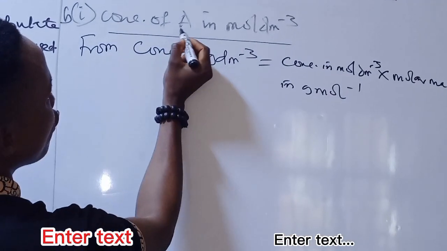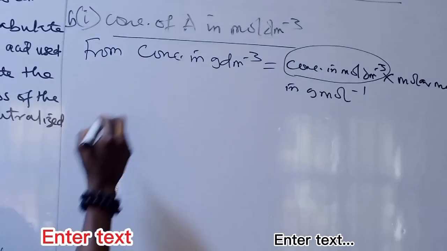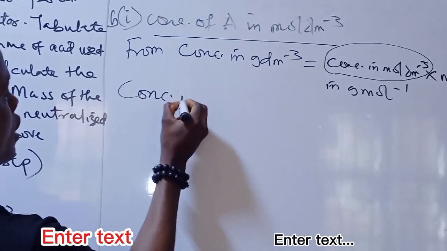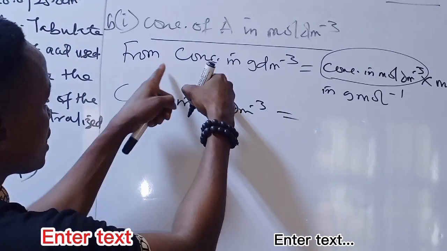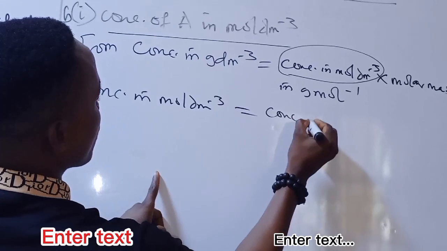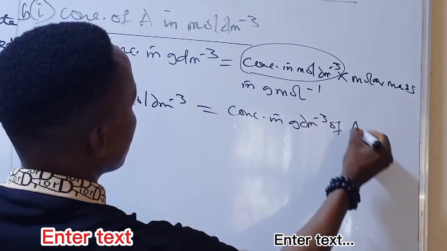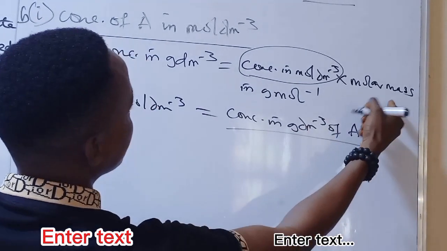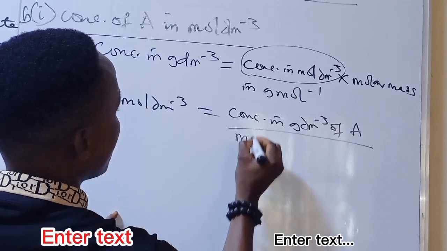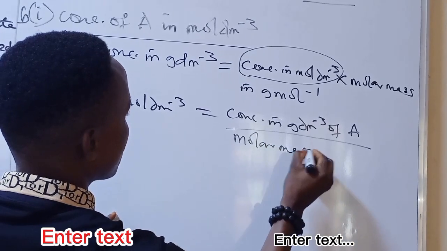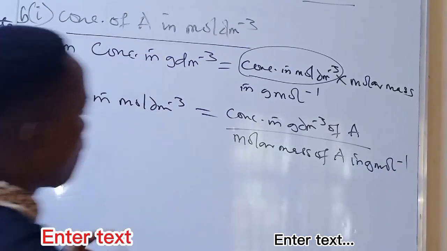Since we are looking for the concentration of A in mole per dm cube, we can make this the subject of our formula. That will become concentration in mole per dm cube equals concentration in grams per dm cube of A divided by molar mass of A in grams per mole.